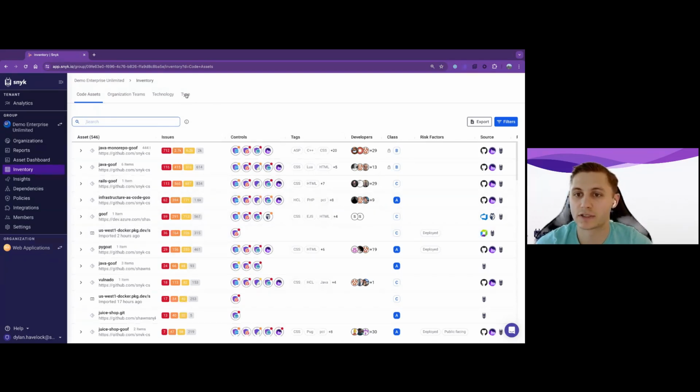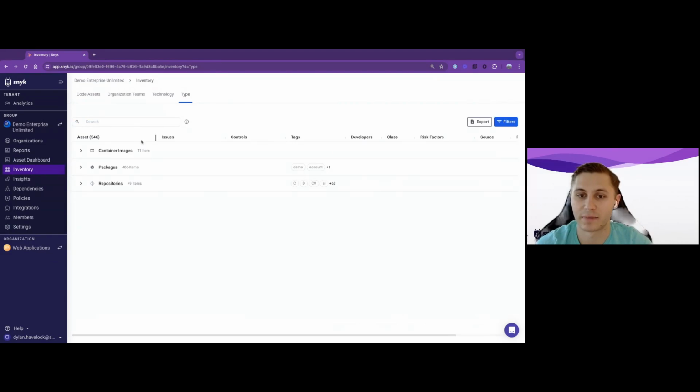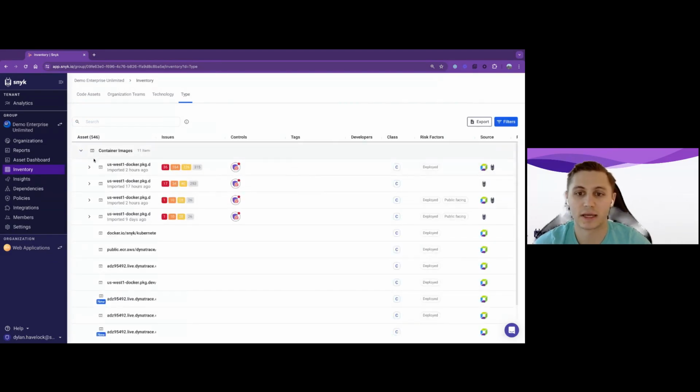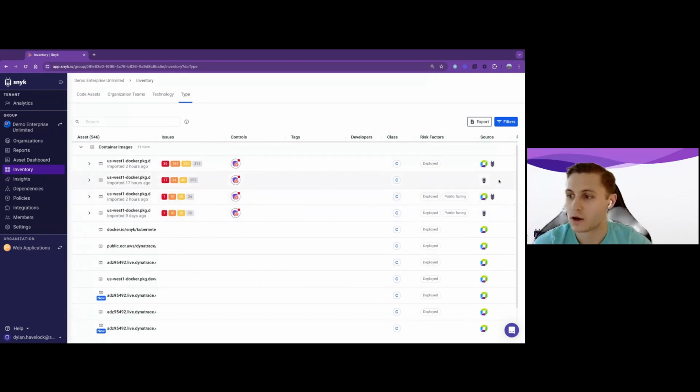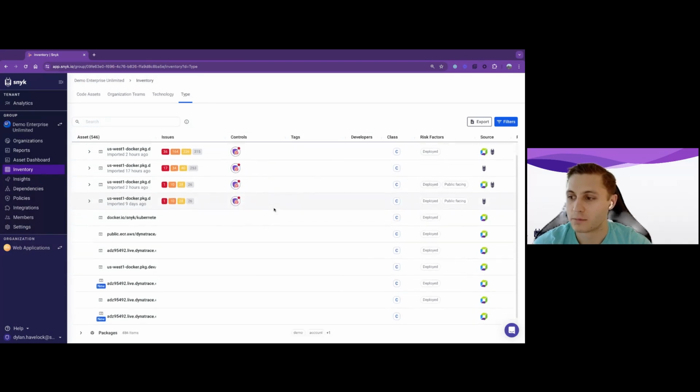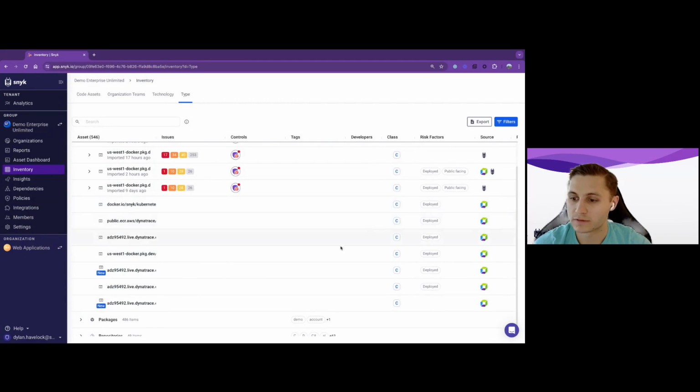Now, this is not just for container images that have been scanned by Snyk. If we take a look at our complete set of container images that are detected, we're of course seeing what's been scanned by Snyk. We can see that with the Snyk Container source set. But we can also see there's a whole bunch of container images that have only been detected by our runtime integration, since they're actually deployed in our cluster.